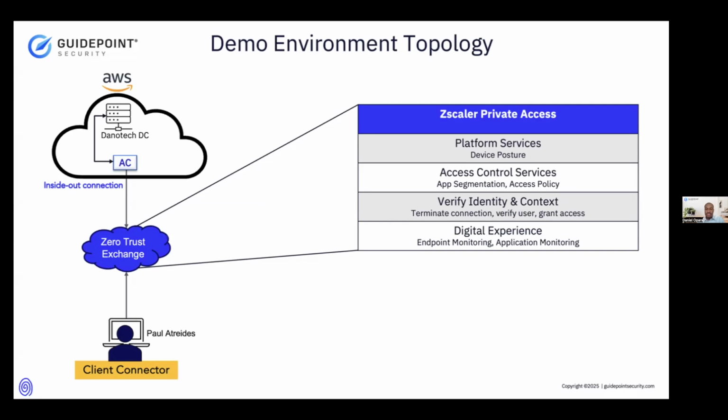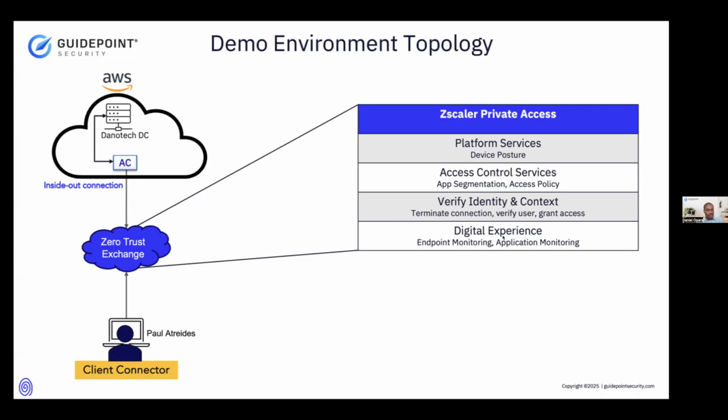I'll take you through creation of a device posture profile that would set the criteria for the device Polatridis is using. I'll also take you through app segmentation, I'll create an access policy that links the device posture and user Polatridis and enforces security policies and access control for Polatridis and his device.